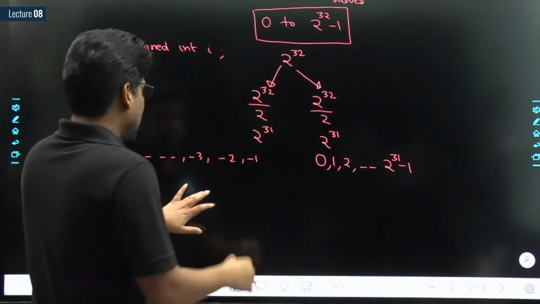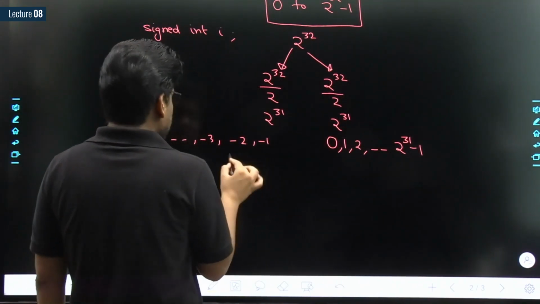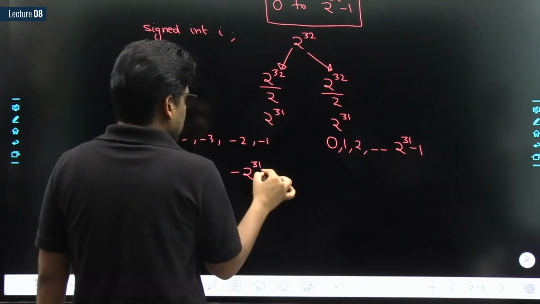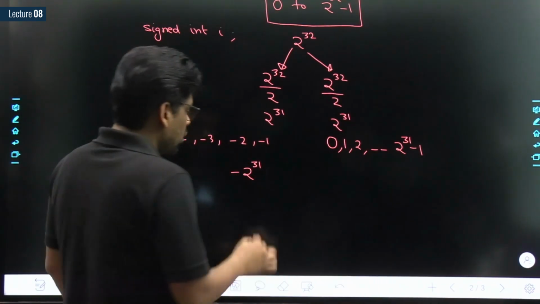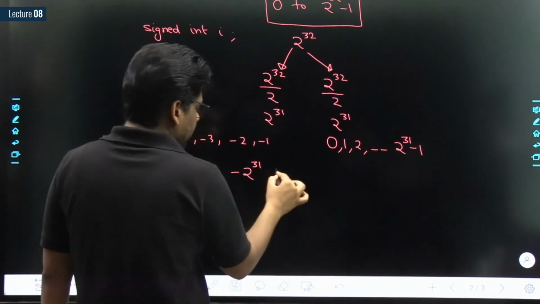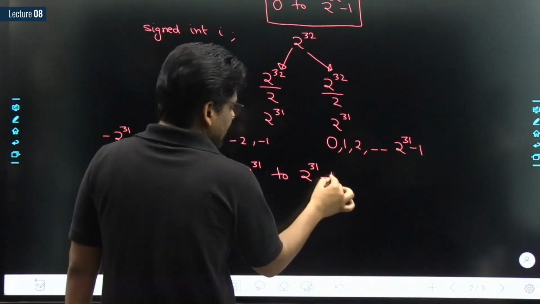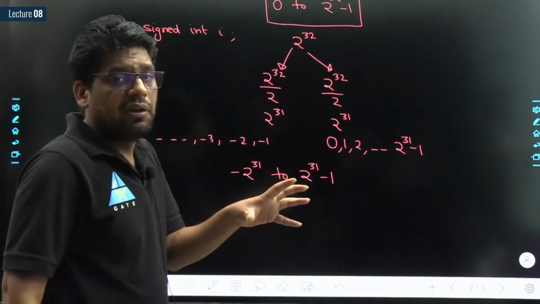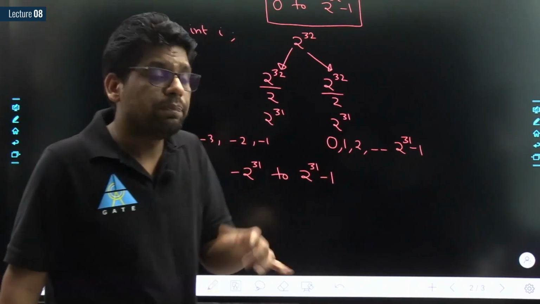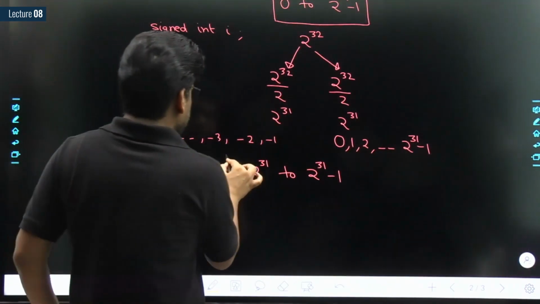So the range is minus 2 to the power 31, which is half of 2 to the power 32, to 2 to the power 31 minus 1. Why this minus 1? Because in positive we started our counting from 0. So this is the range of signed integer.